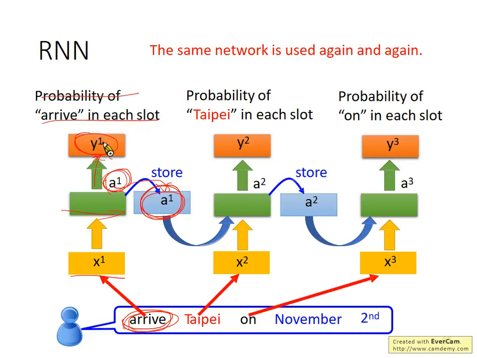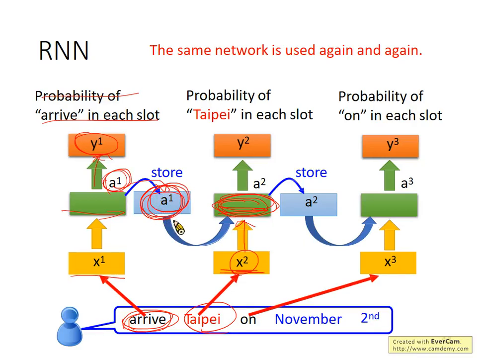Then the second word, type A, we transform this word into a vector, and we input this vector into the hidden layer. At this hidden layer, it will consider the information from X2 as well as the memory stored previously.